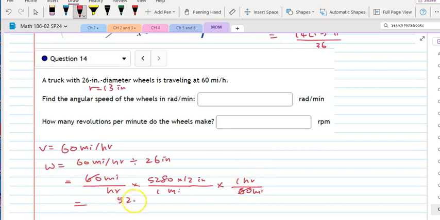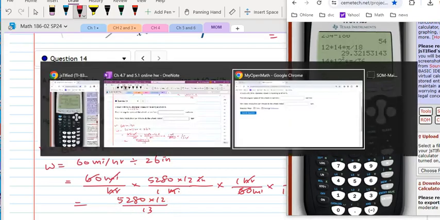So 5280. And then we need to divide it by R. R is 13, right? Divided by R. Inches, so this cancels. Hour and hour cancel, yes. So inches and inches cancel, and it is 5280 times 12 over 13, basically.